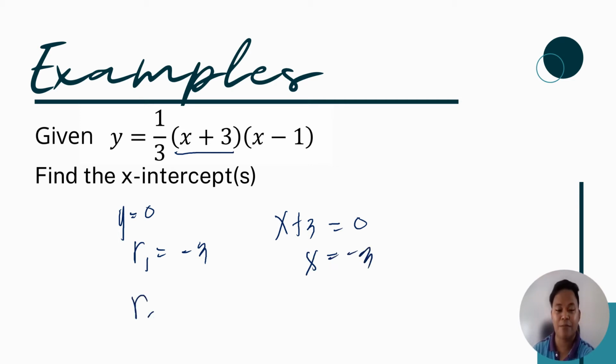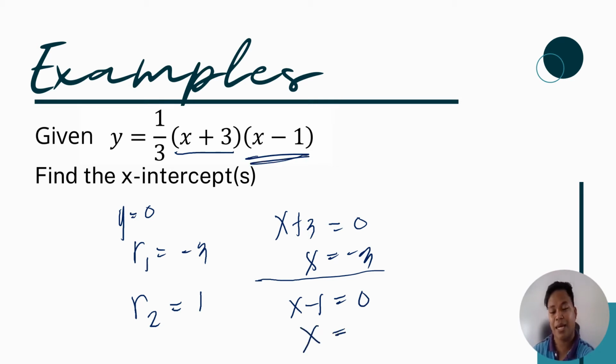And we have r sub 2 is equal to positive 1, from x minus 1 is equal to 0 from here. And x will be equal to 1. So, those are the x-intercepts of the given quadratic function.